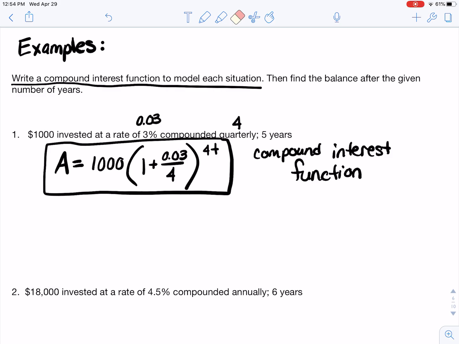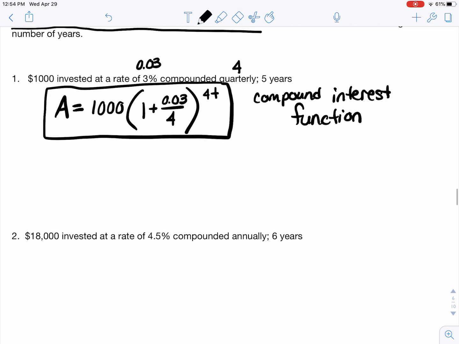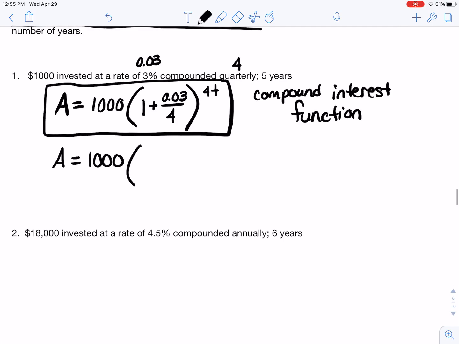Now, I'm going to plug that 5 into the t spot. So I have A equals 1,000. If you want to do the math here, you can. You're going to eventually have to do it. You may want to do it in separate steps rather than trying to type this all into your calculator at one time, because you have a fraction inside a set of parentheses, so it can get a little sticky.